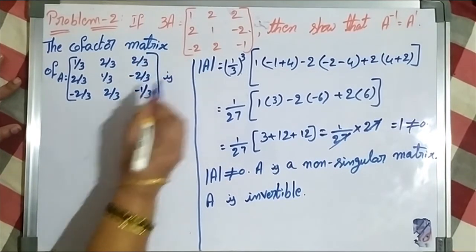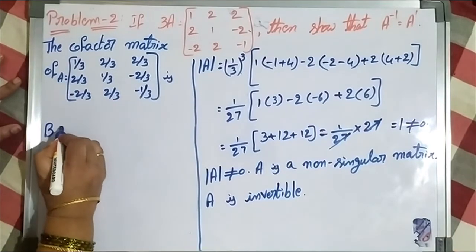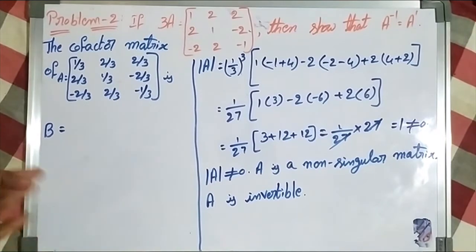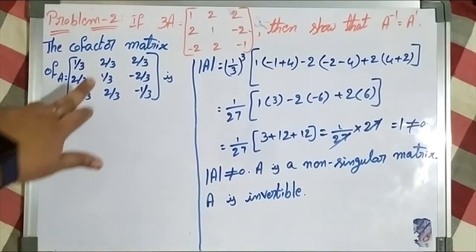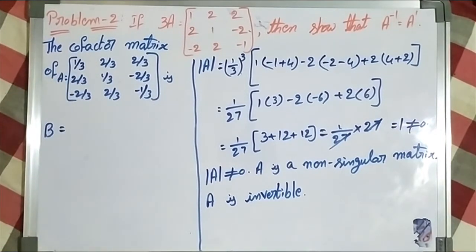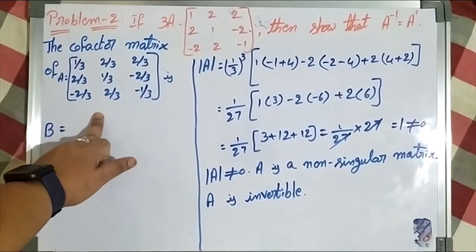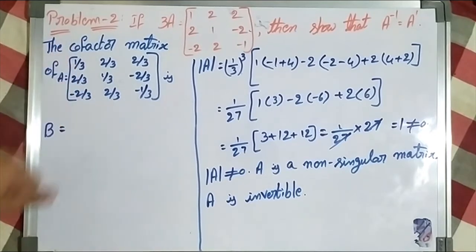Let this be B. We can calculate the cofactor matrix of this matrix. For a scalar multiple of a matrix we cannot directly find the cofactor matrix, so first we multiply the scalar with each element in the matrix and then calculate the cofactor matrix.